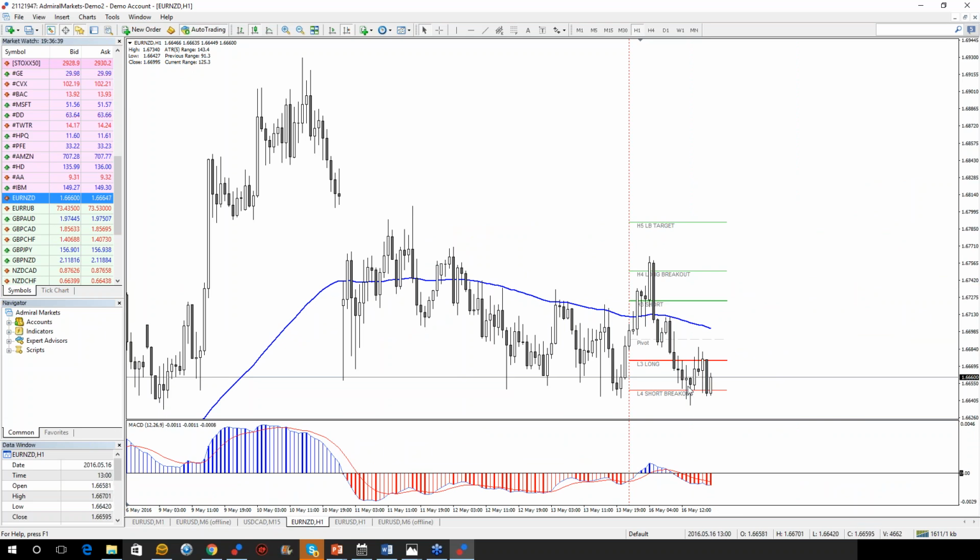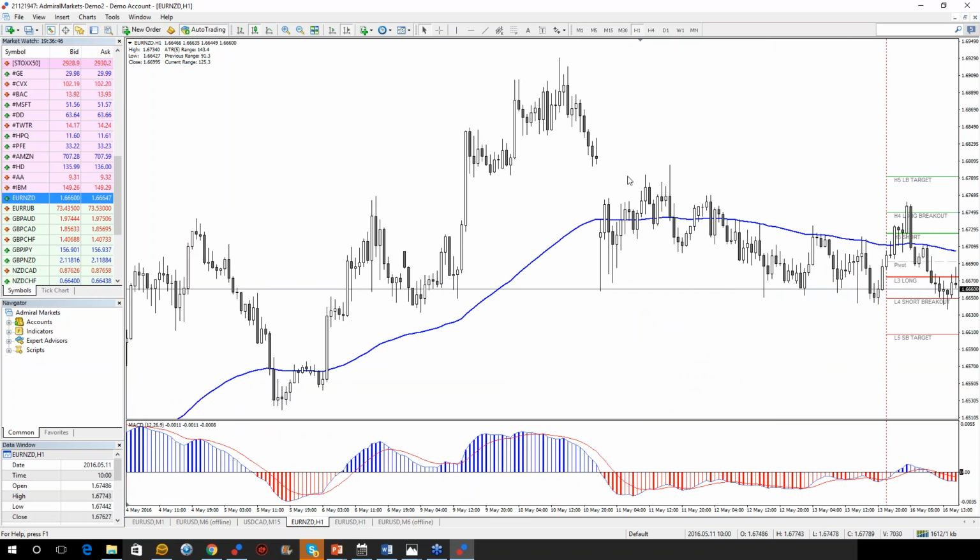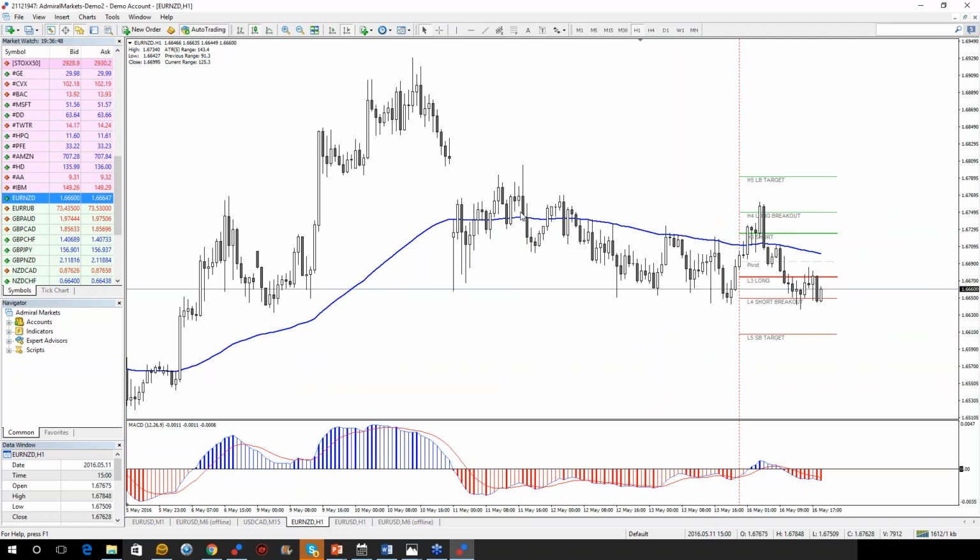Up, down, up, down. A huge head and shoulders variant here, because this is also head and shoulders. See, left shoulder, head, but now this is like a right shoulder, so like three-bar resistance. I wouldn't trade this Euro New Zealand at this point.